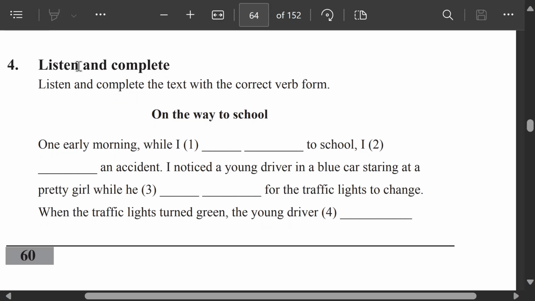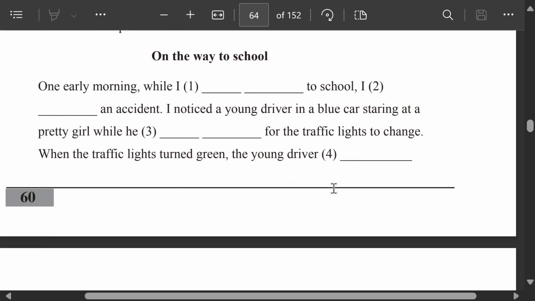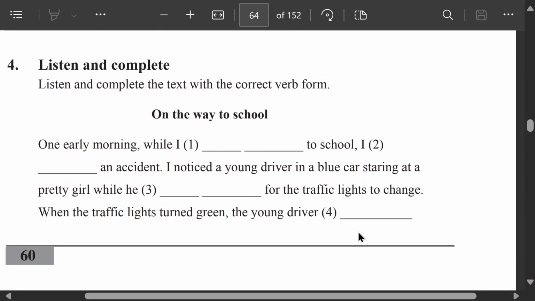Okay, this is a listening. Usually listenings are not very good to do on the way to school. One early morning while I was... do you know how to fill this? Let's try. One early morning while I to school. Two words we have here. An accident. Remember this? We have studied this.